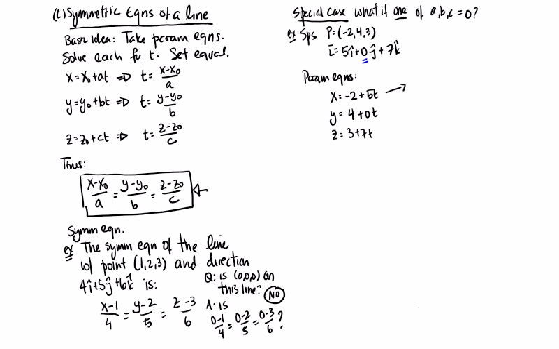So this first one becomes x plus 2 over 5. That's t. The second one, we cannot solve for t because there's no t's. The third one is z minus 3 over 7 equals t. So all we do is this. For a solution, you take the two that you can solve for t and you set those equal.